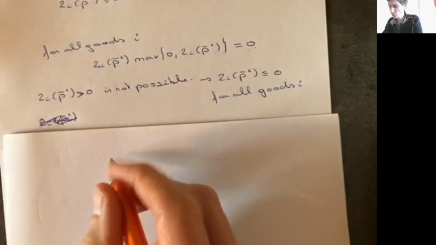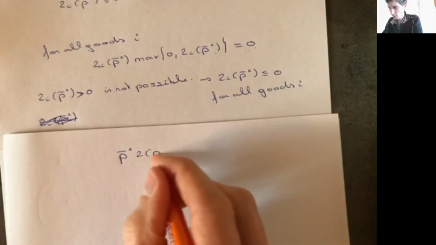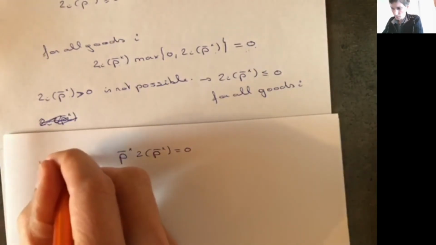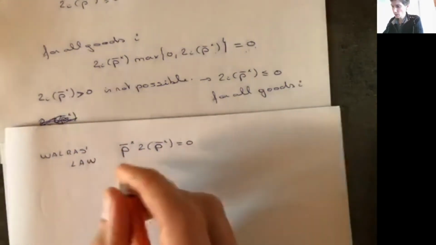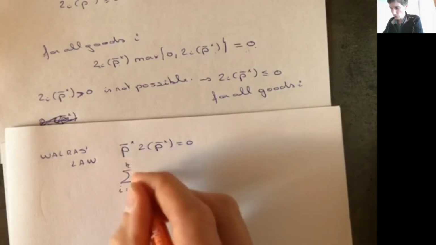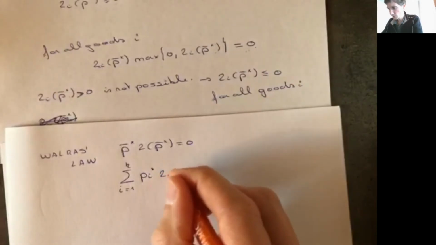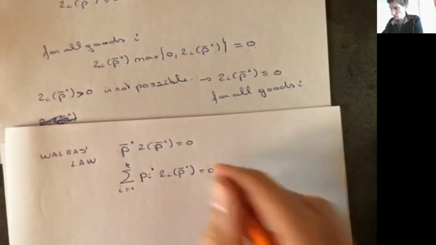So what else do we know? We know by Walras' law that P star times Z(P star) is equal to 0. So I can rewrite this as the sum over all goods of P_i star times Z_i(P star) is equal to 0.